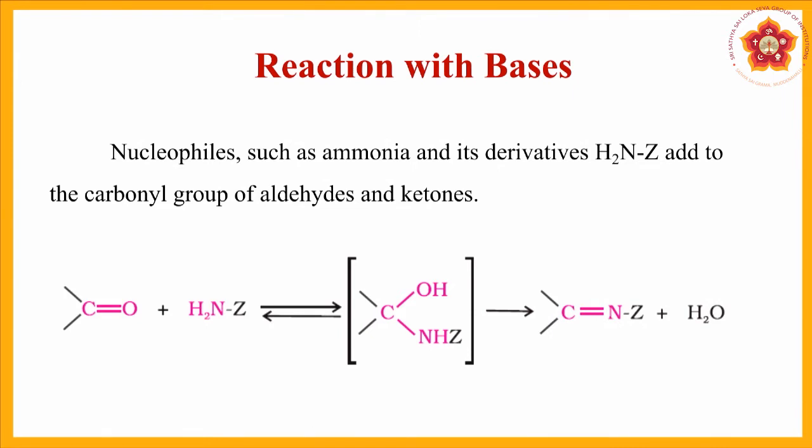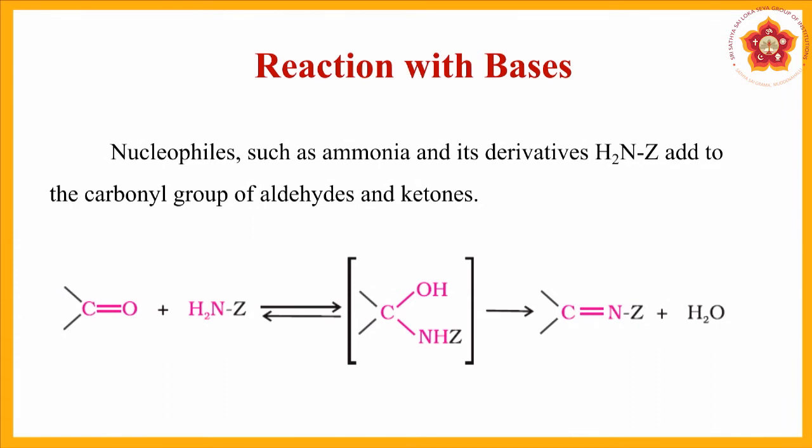Z basically is different types of groups which are directly attached to the nitrogen atom. So when these nitrogen atoms are present, they are able to form an intermediate, and finally the removal of water takes place, where they can form certain types of derivatives of these amines, which sometimes can also be named imines, because if you remember, in the Stephen reaction we had got imines as one of the intermediate compounds in the preparation.